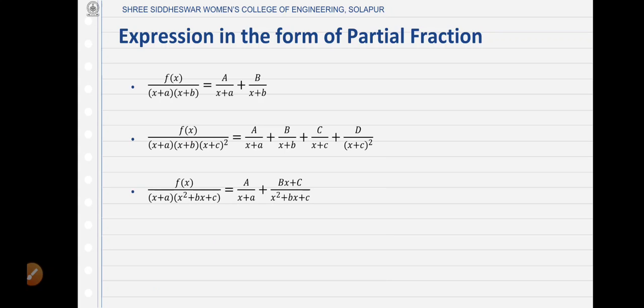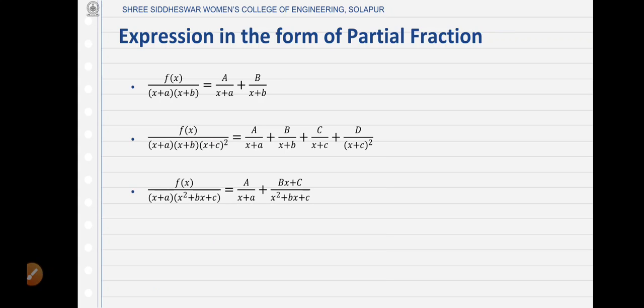The first term is x plus a, that is the linear factor, and the second term is x square plus bx plus c, that is the quadratic factor which cannot be factorized into linear factors, such as x square plus 1. So here we cannot have the factors of x square plus 1 with real roots. So we have to take the factor as a quadratic factor as it is.